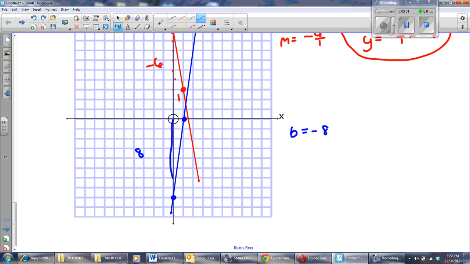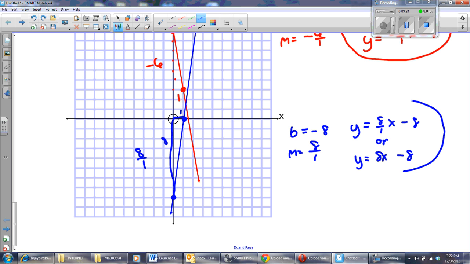That's this distance here. And then run 1. So m is going to equal 8 over 1. So my equation will be y equals 8 over 1x minus 8. Or you could give me y equals 8x minus 8. Either one is a good example.